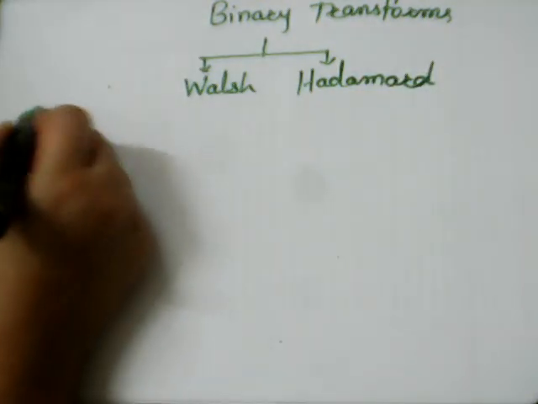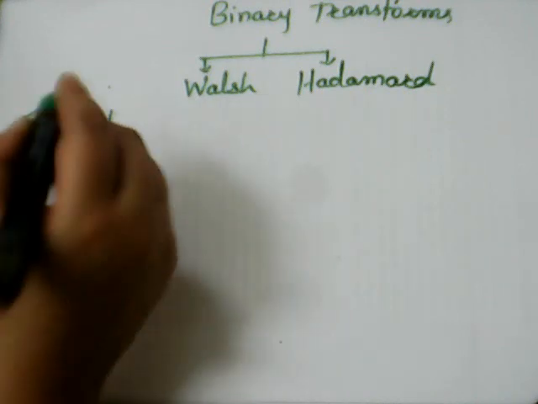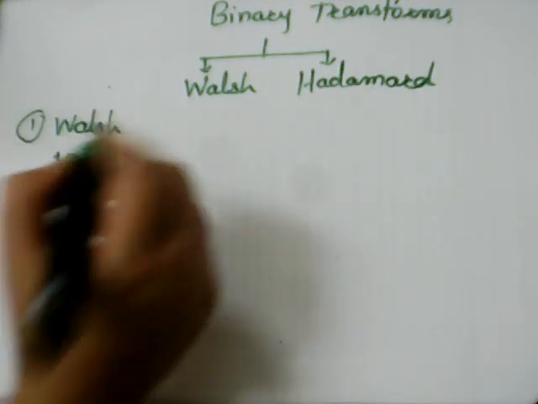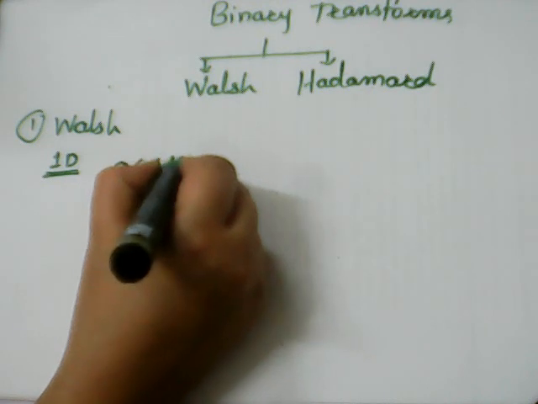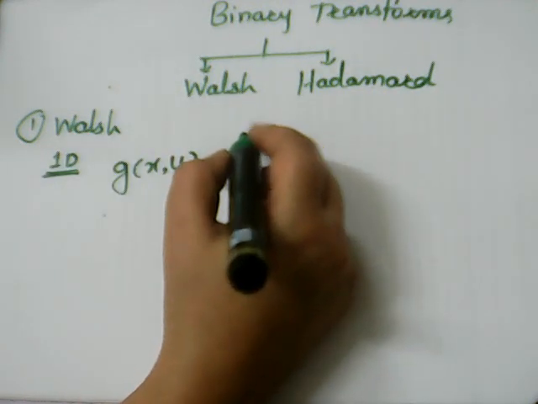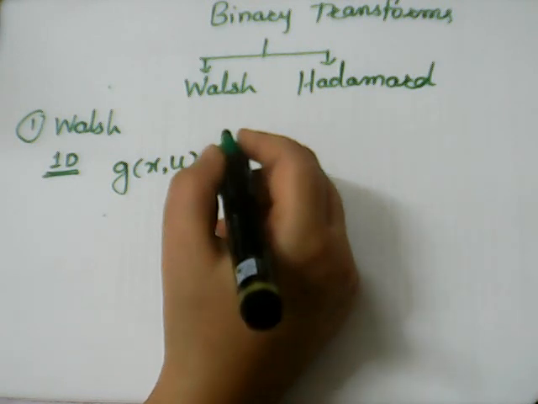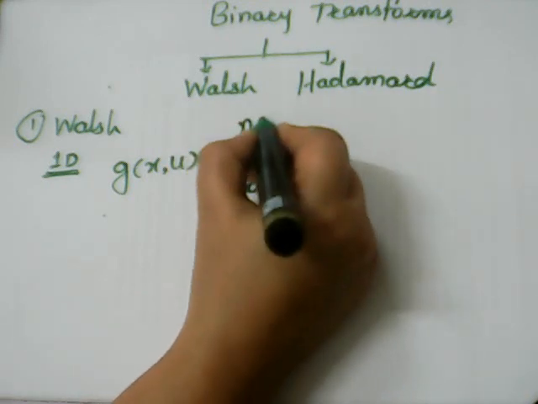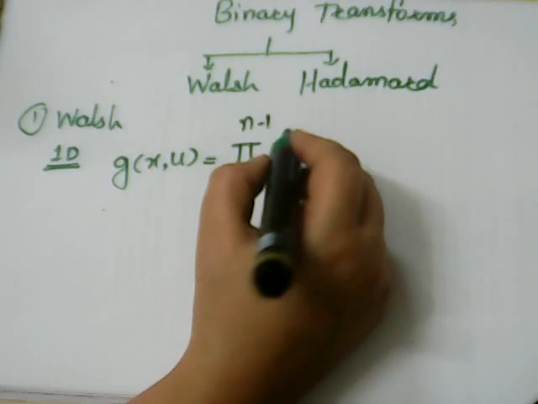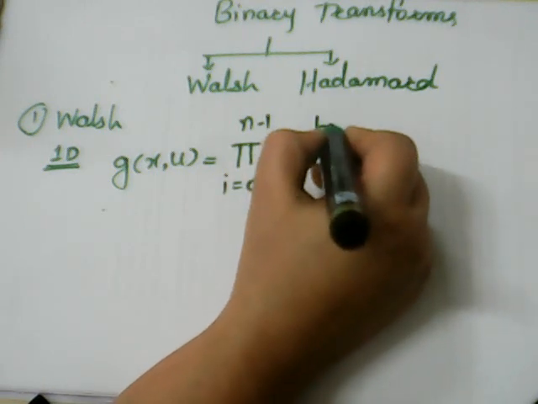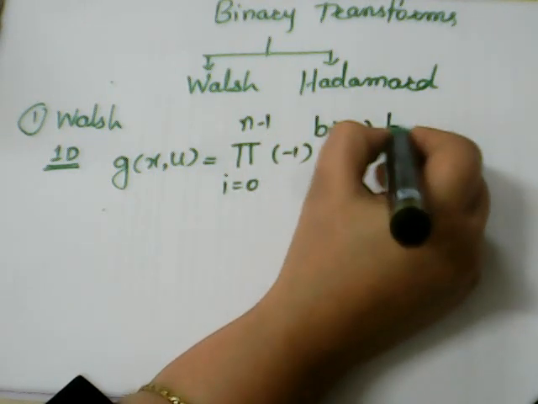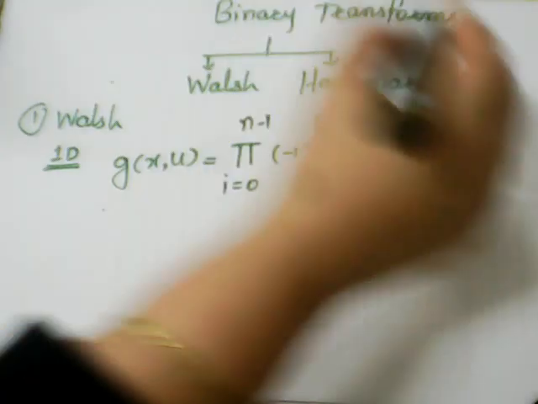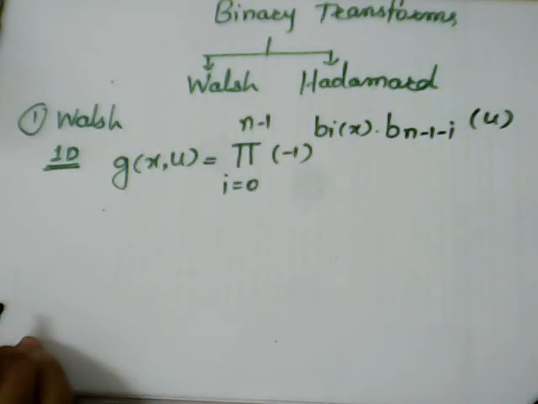In case of Walsh, the one-dimensional Walsh basis function g of x comma u is equal to product i equal to 0 to n minus 1 of minus 1 to the power bi of x into b n minus 1 minus i of u. It looks like a somewhat messy equation, but once we get habituated to it, then it becomes easy.